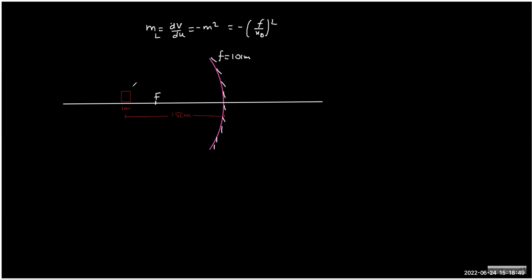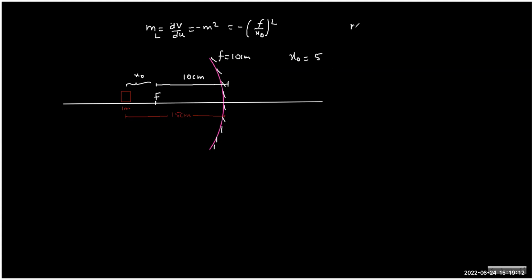Again, what is the x naught now? You can see, what is x naught? 5. Just write the value. 10? No, 5. 10 is this. Come on. Sorry, 5. X naught is always the distance from the focus. So we are done.